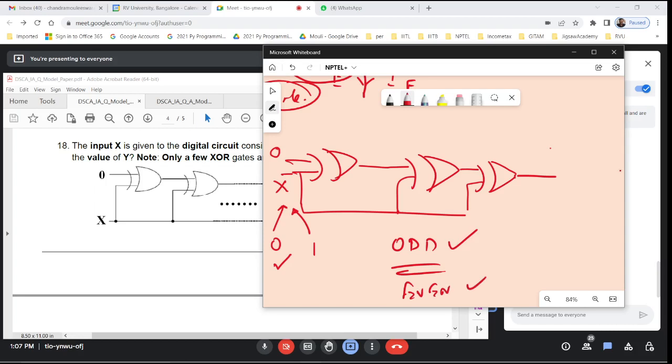I don't need to look at the even option because 81 is an odd number. So if I put an odd number of XOR gates, the behavior will be repeating.